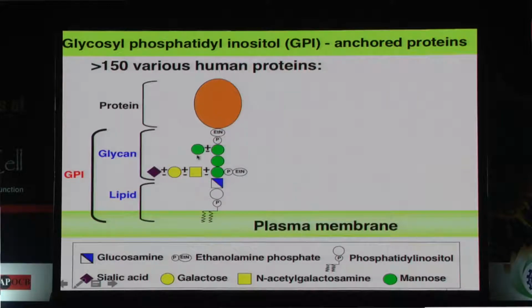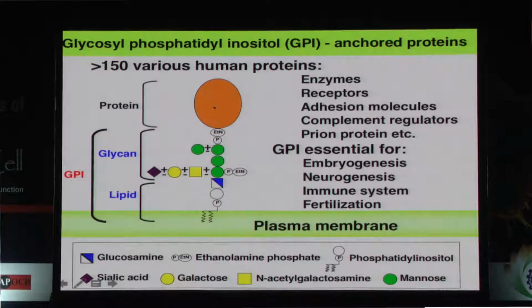Another possible side chain is the addition of the fourth mannose to the third mannose. So these side branches introduce structural heterogeneity into the human GPI-anchored proteins. However, the biological function and significance of those side branches are totally unknown at the moment.